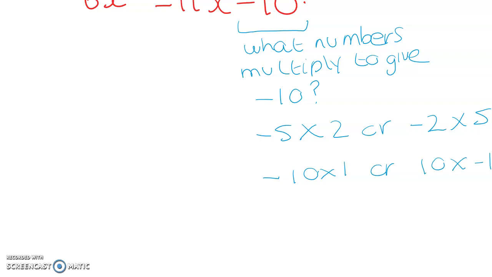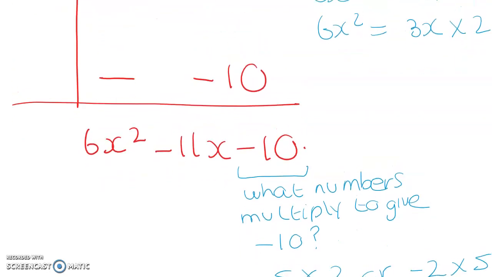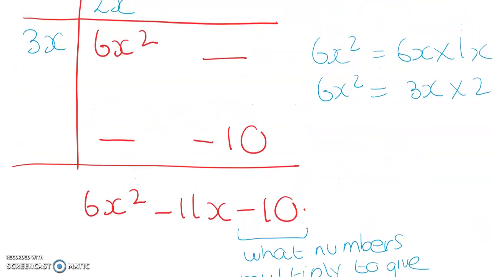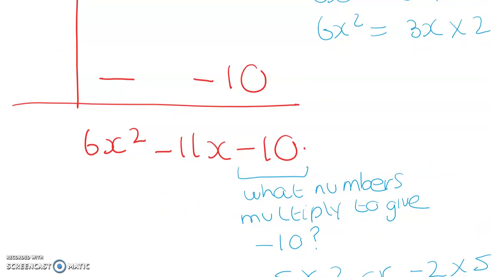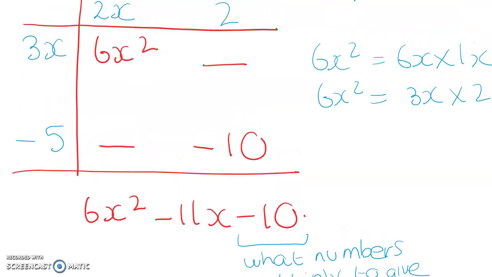They're all different factors, and one of them is going to work by putting them into the bottom left of the grid and the top. I'm going to try minus 5 and 2. I'll take a gamble and put minus 5 on my left-hand side, and 2 up on top. They multiply to give you minus 10, wouldn't they?